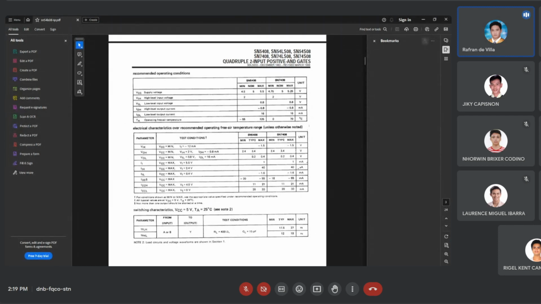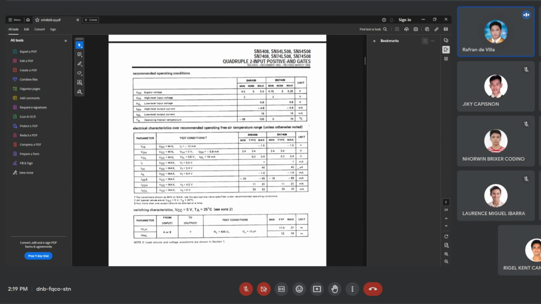We will just go through them in our discussion. This is very crucial, especially for our upcoming activities wherein you will be making use of a lot of digital ICs. What we did last time was just a basic introduction circuit.